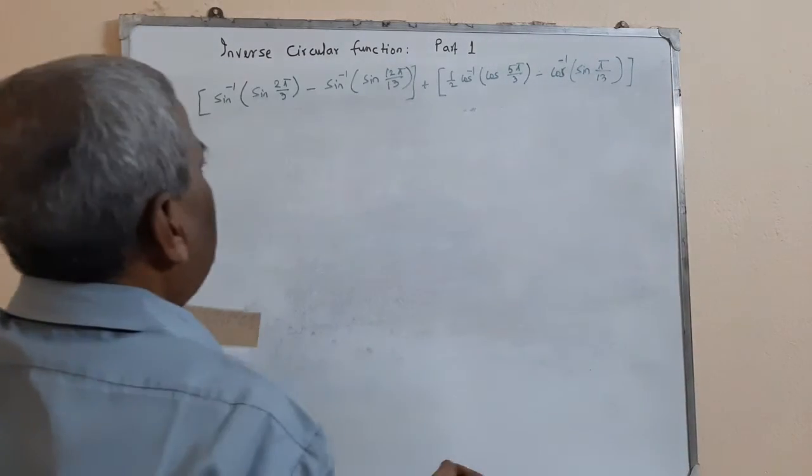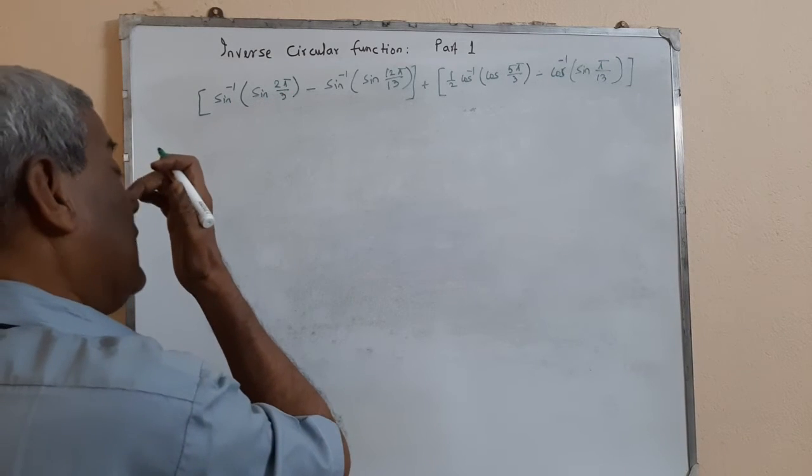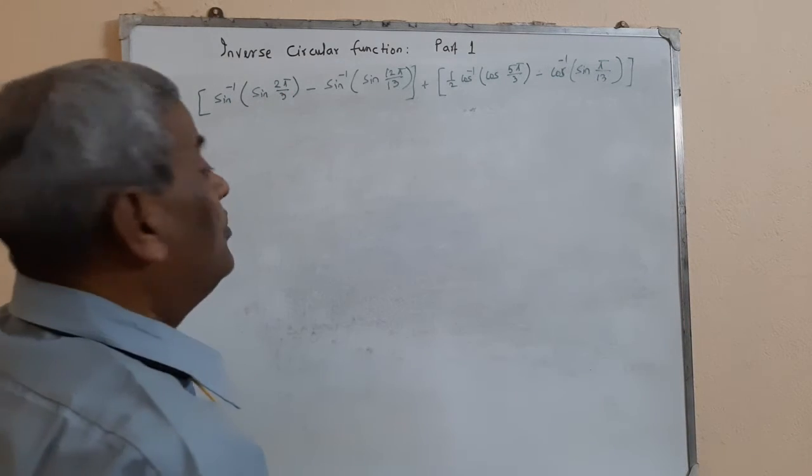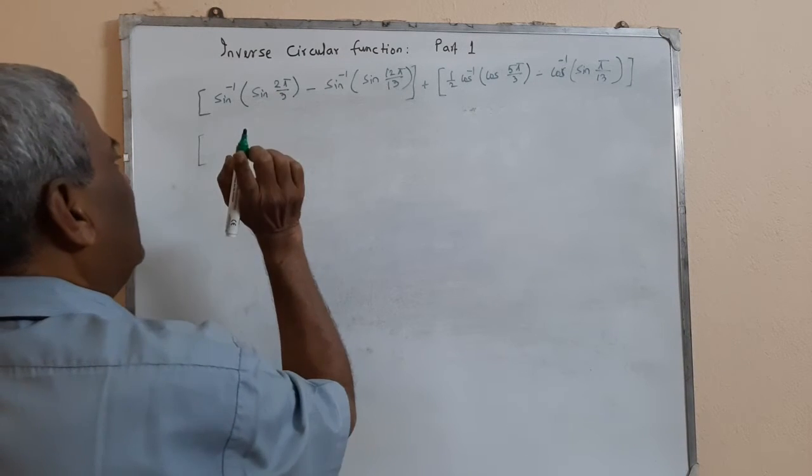Third bracket close. It is sine inverse sine something, but that one is not within principal value. So this cannot be equal to 2 pi by 3.